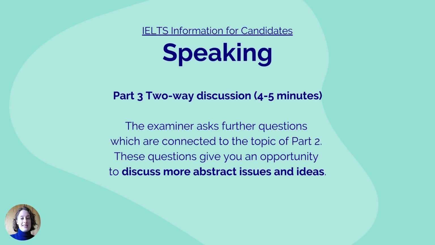As I said, in today's video, I'll be talking about part 3 of the speaking exam. Part 3 is the two-way discussion section of the speaking exam, and it lasts roughly about 5 minutes. And in it, the examiner will ask you some questions connected with part 2 of the exam.